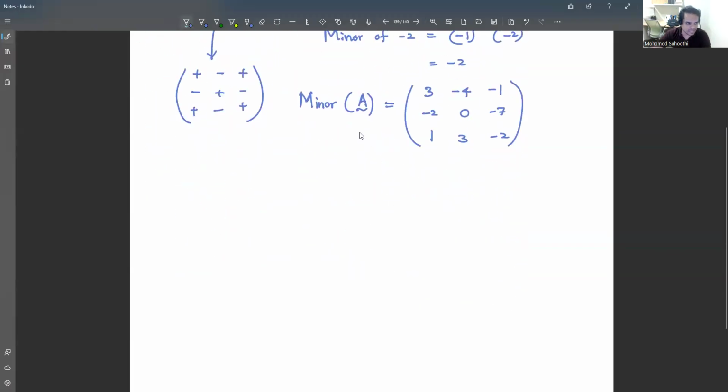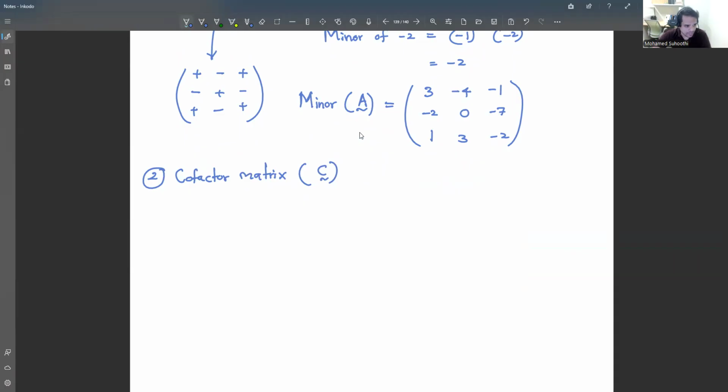The second one we are going to discuss here is the cofactor matrix. This we represent as C, the cofactor matrix. So what do we define as a cofactor matrix?